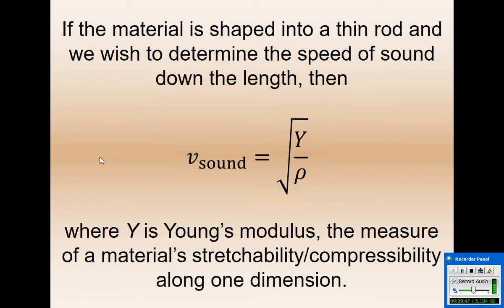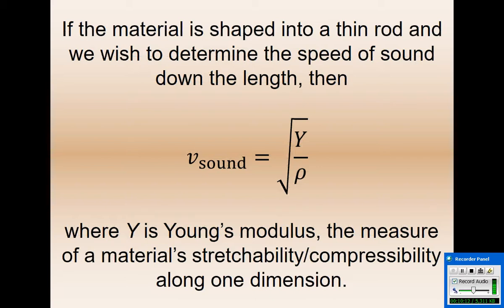Solids are often shaped into a thin, long configuration, a long, thin rod. And because there is one dimension that is kind of preferred compared to the other two, there is a better expression to calculate the speed of sound.